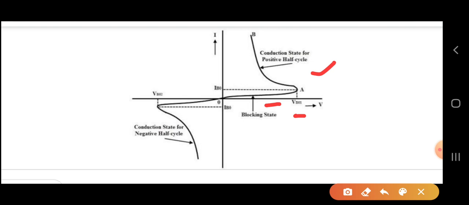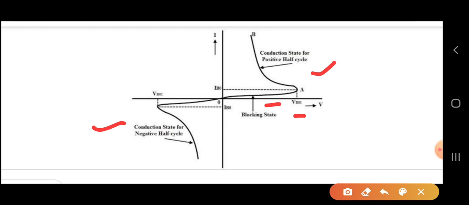Now if you go to the third quadrant, again it shows the same characteristics. Here you are applying the negative half cycle. AC is alternating, so obviously it comes to the negative half cycle. The DIAC allows the negative current also.